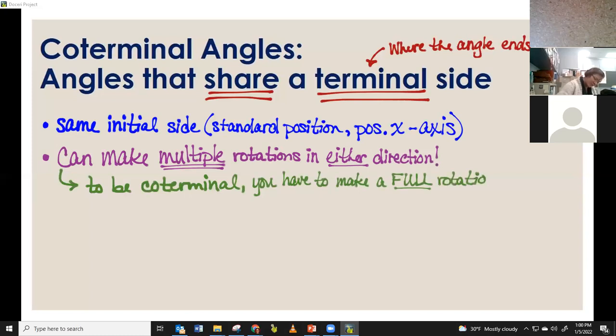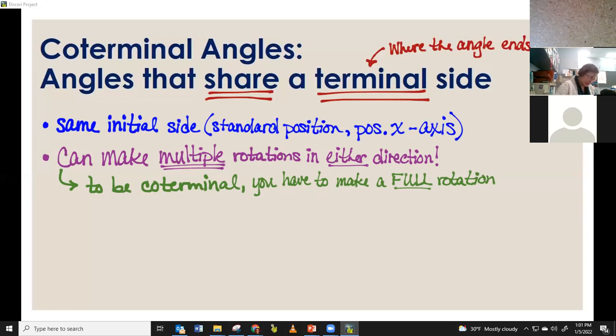Why would that be? Why would you have to make a full rotation in order for it to be coterminal? Yeah, so that it can end in the exact same spot.